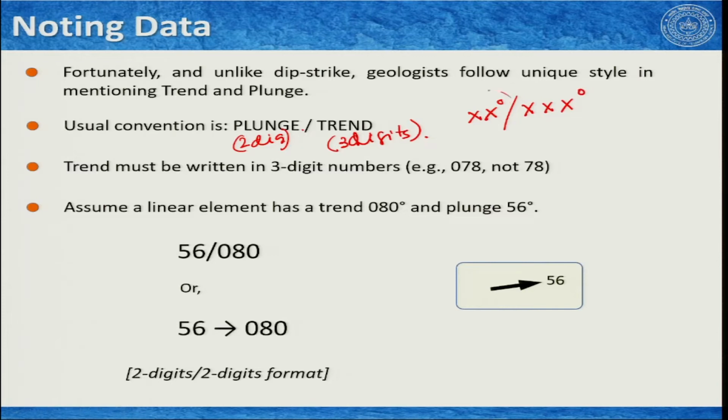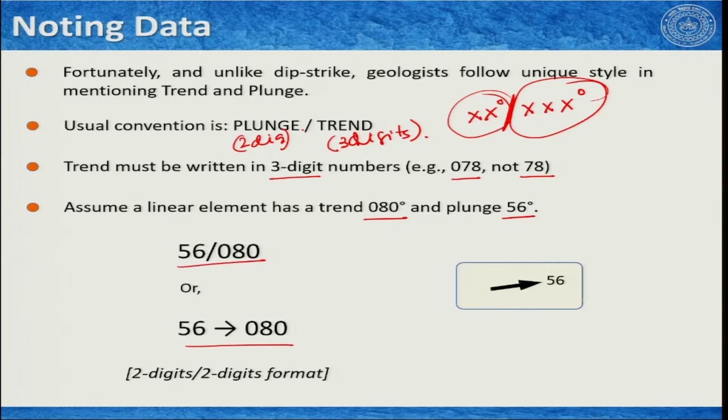First you note the plunge and then you note the trend, and separate them by an inclined slash. Trend must be written in 3 digit numbers like 080. If we have a linear element that has a trend of 80 degrees or 080 degrees and it is plunging 56 degrees, then we write it either this way or that way.